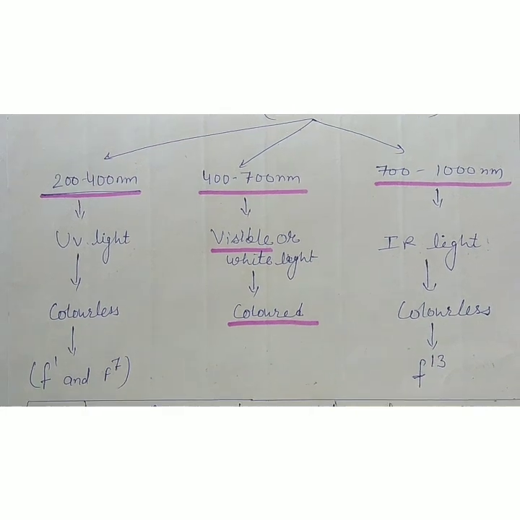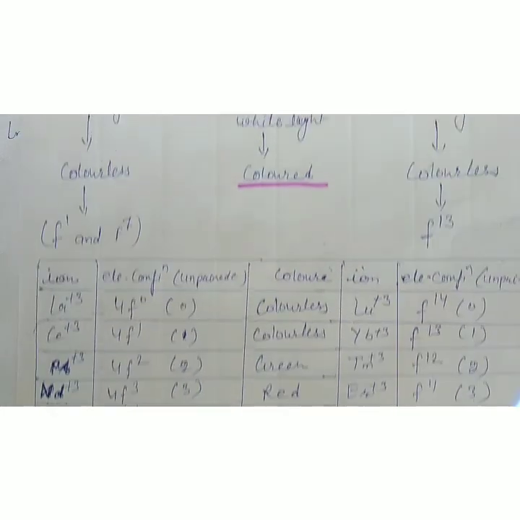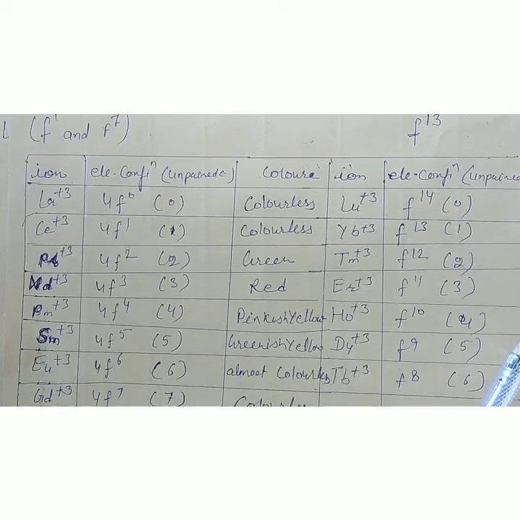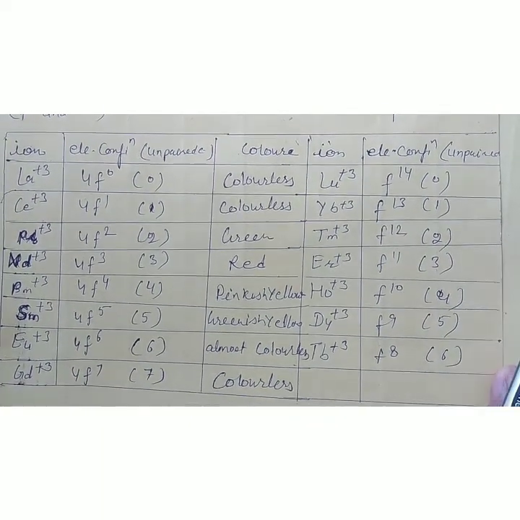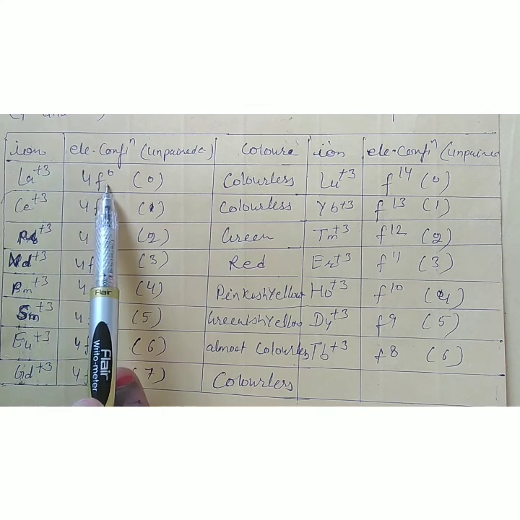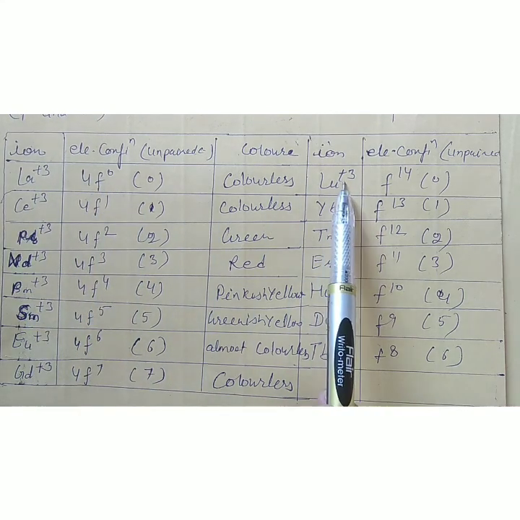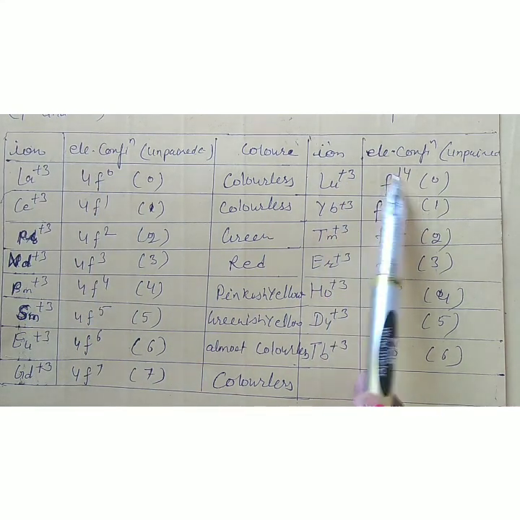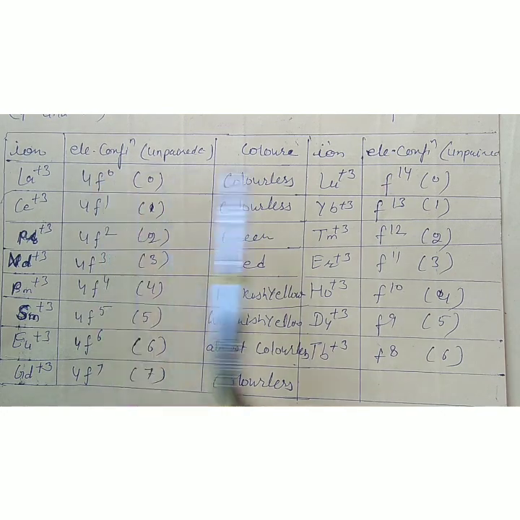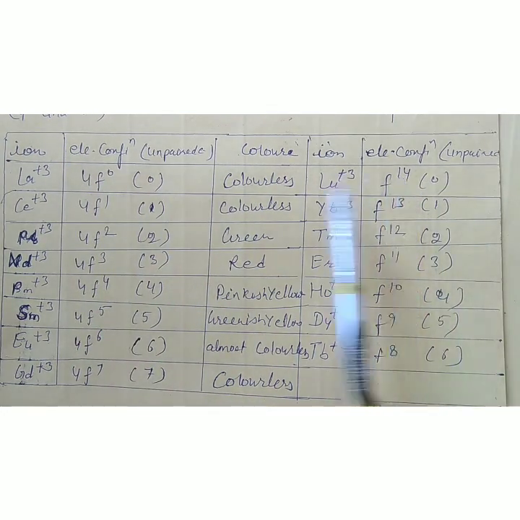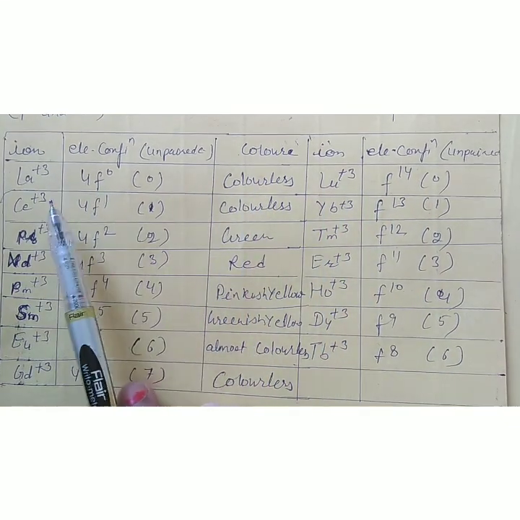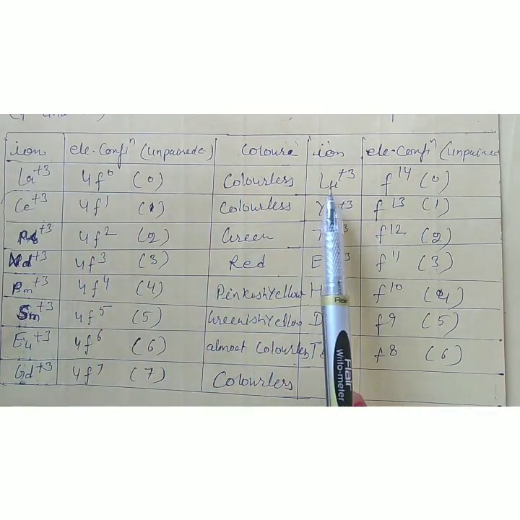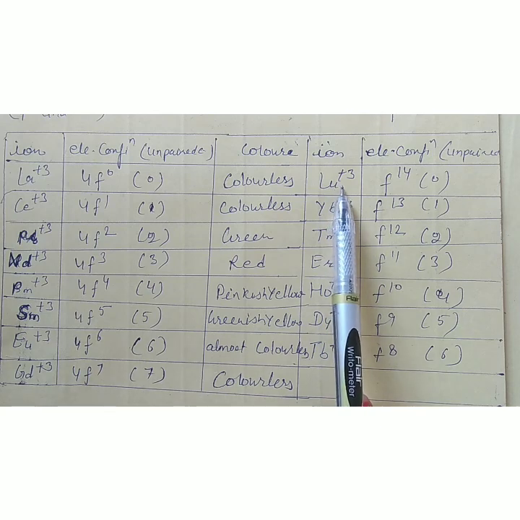Let's see some ions and their colors and their resemblance with Fn and F14 minus n. See this table. La plus 3 is F0 and Lu plus 3 is F14. There is no unpaired electron here, so they are colorless.